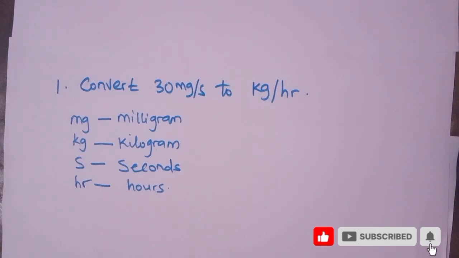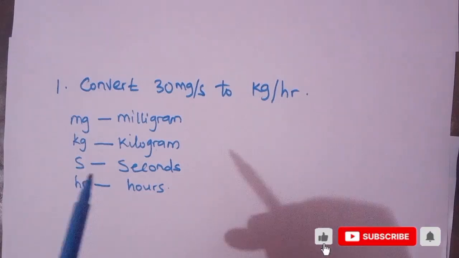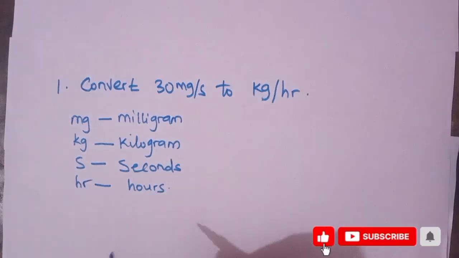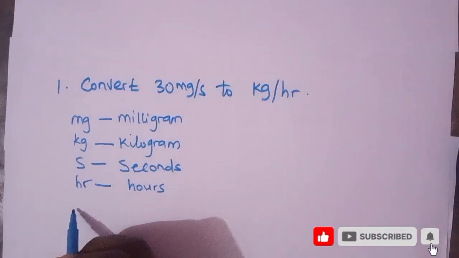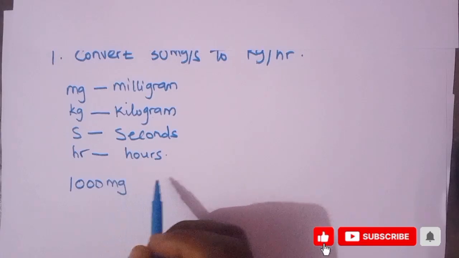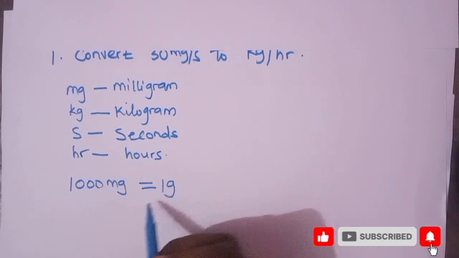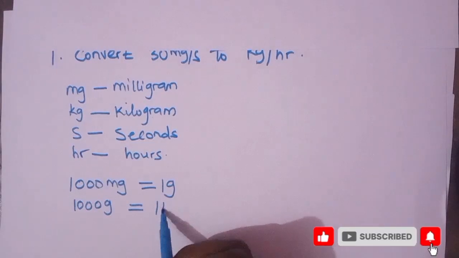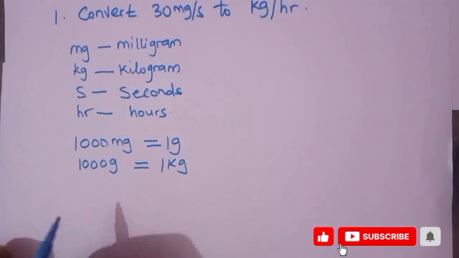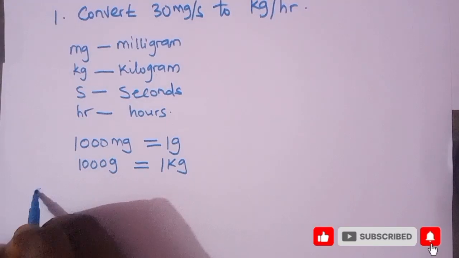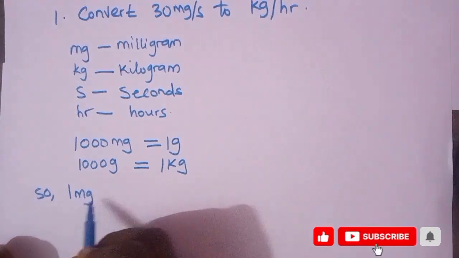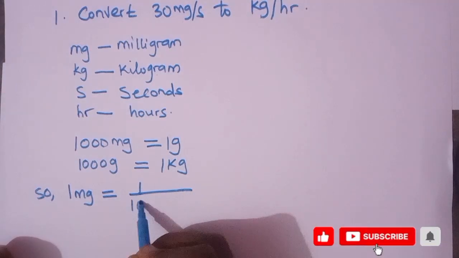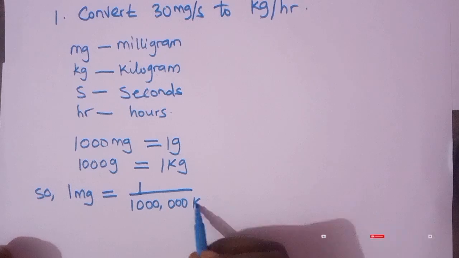So let's solve it together. Step 1. The first step, convert milligram to kilogram. We know that 1000 milligram is equal to 1 gram and 1000 gram is equal to 1 kilogram. So to convert it, we say 1 milligram is equal to 1 over 1 million kilogram.